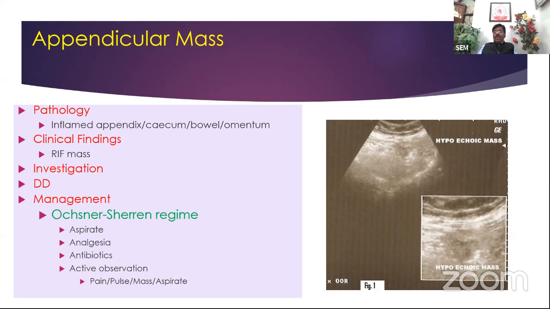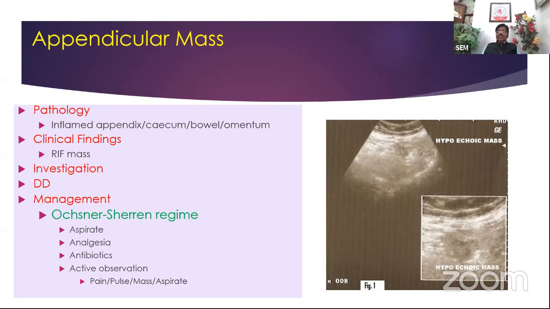So that's why we normally follow a conservative, non-operative regime, that is called the Ochsner-Sherren regime. Spelling is very important for all of you. Take down: you admit the patient, you put a Ryle's tube and aspirate, give analgesia, give antibiotics, you actively monitor the patient's pulse, pain, and everything.